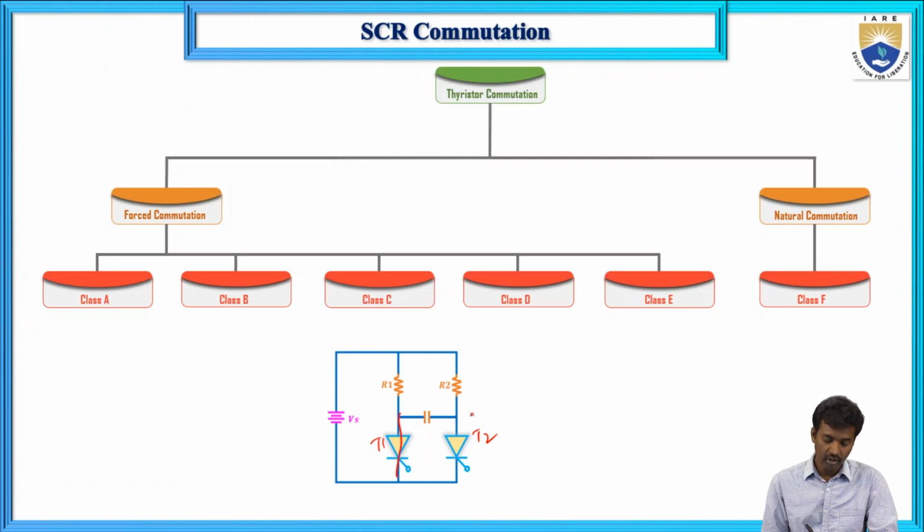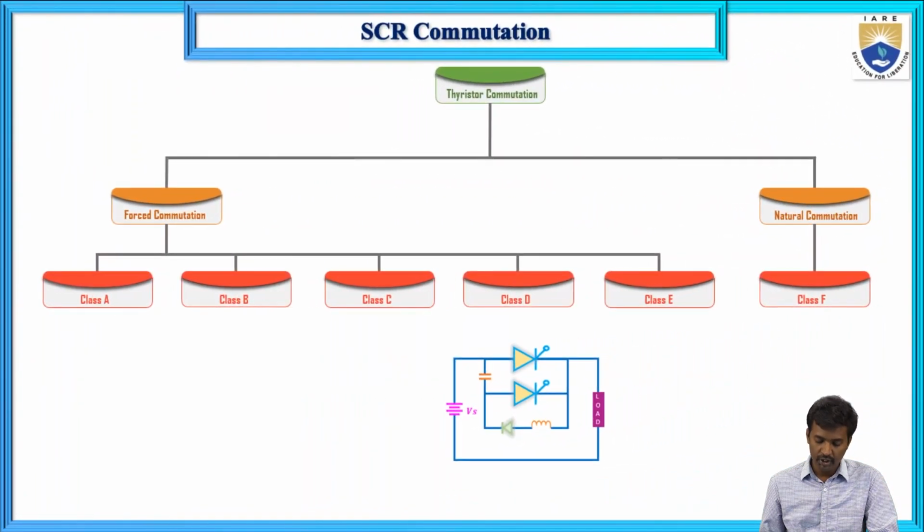Supply voltage Vs is given, and current flows in this direction. To turn off T1, we apply a reverse potential, with this side minus and this side plus. This is short circuit, so T1 will be turned off. In the same way, to turn off T2, current flows in this direction, and we apply the reverse potential Vs to it, and T2 will be turned off.